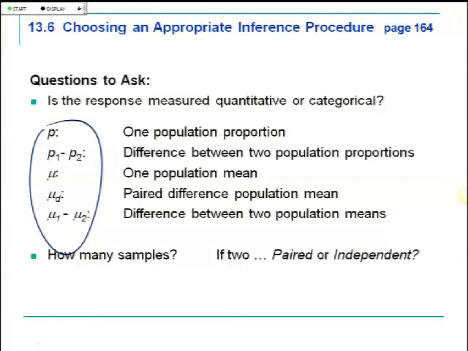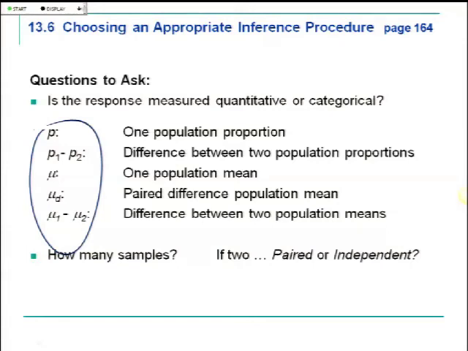Whereas when it's a quantitative measurement, and even if it's just the number of pets, the time to complete a task, the score on some test, well, then that's quantitative, and that's going to be about the means. Now, chances are you'd see the word mean or average somewhere in the description too, which would be a good clue. In either case, you'll have to see whether you have one set of data or 2.